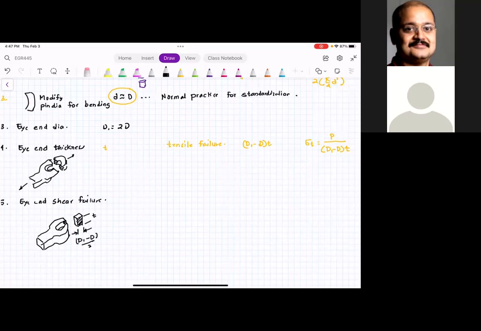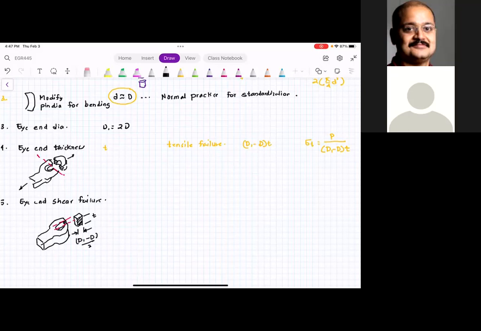The small piece in front of the eye actually comes out. The failure is different than the tensile failure. In tensile failure, the failure is happening over here. In shear failure, the failure is happening over here.